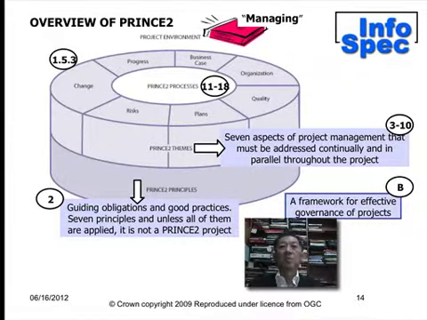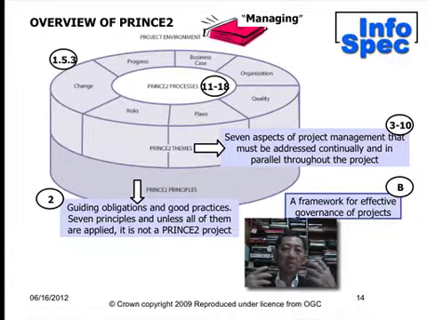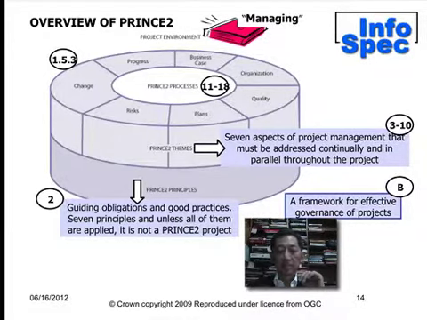If you want to have your projects under good governance, remember here we're not talking about specific individual techniques or skills that a project manager needs to have. Of course, those things are important, but in Prince2 the focus is very much on proper governance of projects.